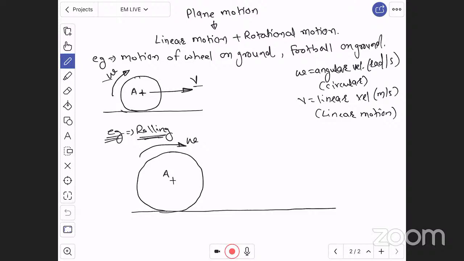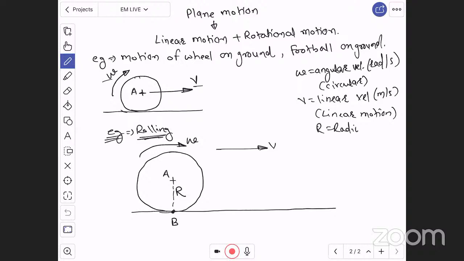That is, it will be having linear motion with velocity v in forward direction, right? After some time, let us consider there is another point B on the wheel. Let us say the radius of the wheel is R. R is the radius of the wheel.